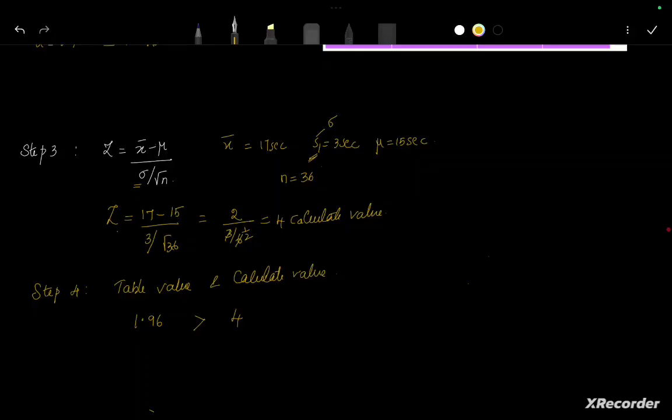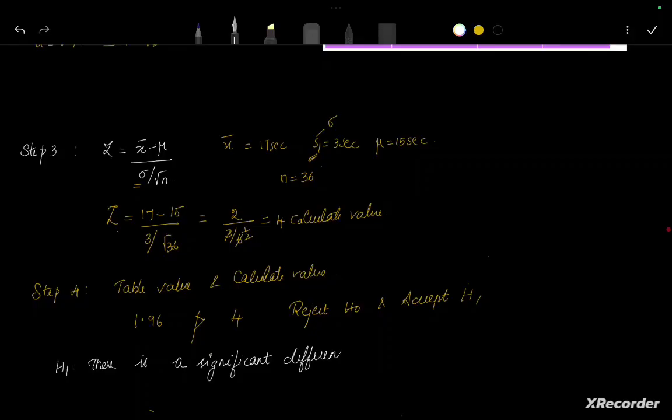But in this case, 1.96 is not greater than 4, so we reject H0 and accept H1. It means that, according to the hypothesis H1, we have written that there is a significant difference between sample and population mean. That's all.